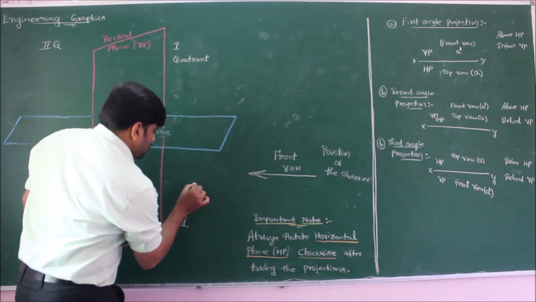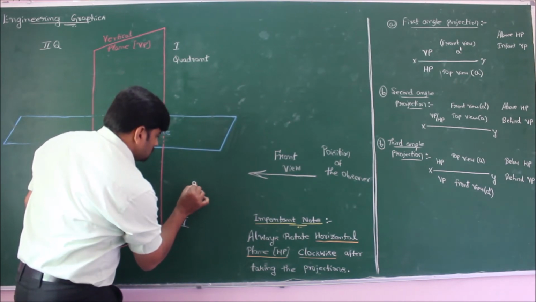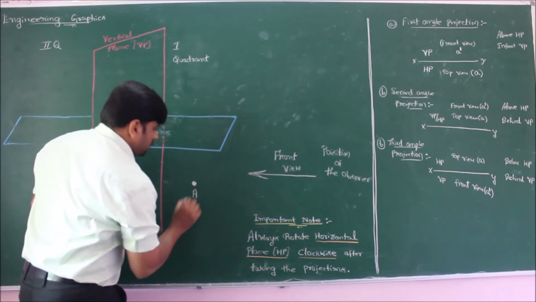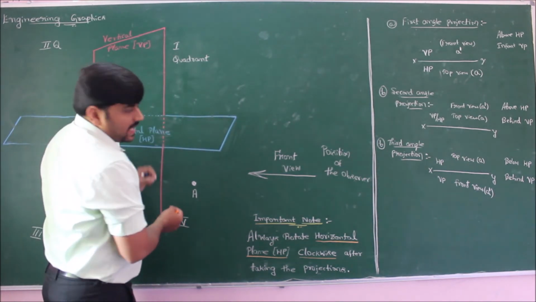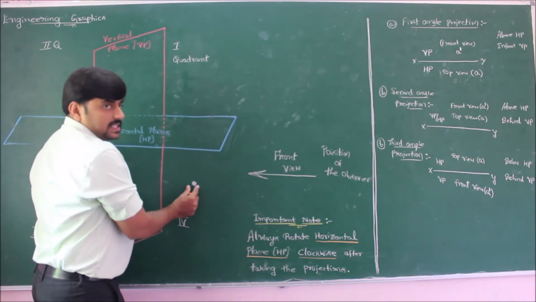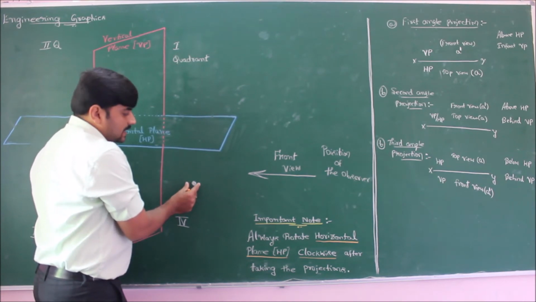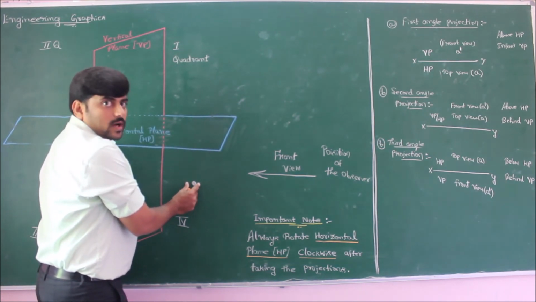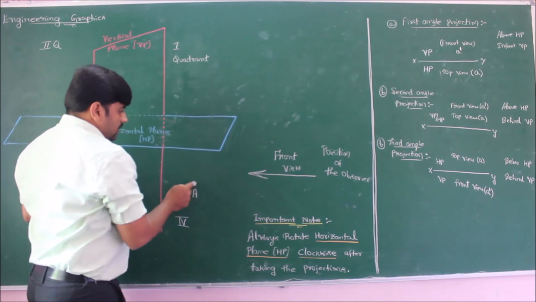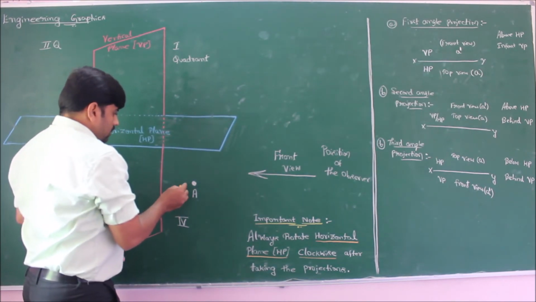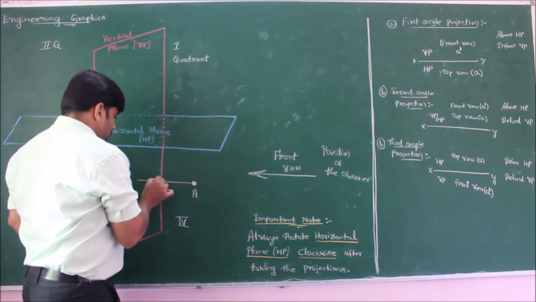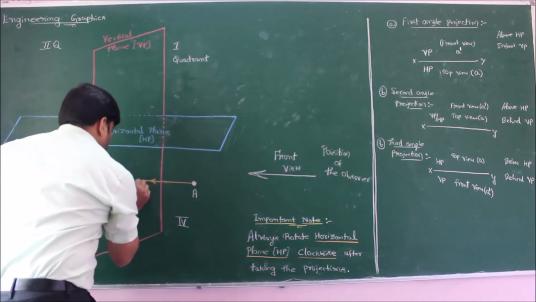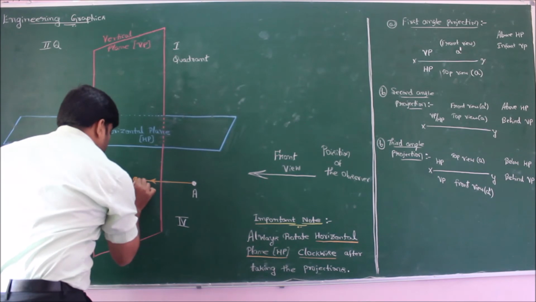Now keeping the point in the fourth quadrant, point A. In the fourth angle projection, when the object is placed in the fourth quadrant, for simplicity let us consider a point placed in the fourth quadrant. In the front view, the observer will view the object and project it onto the vertical plane. So this will represent the front view of that point, which is A prime.